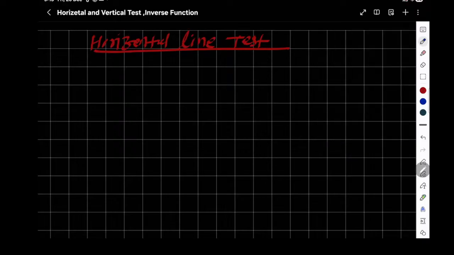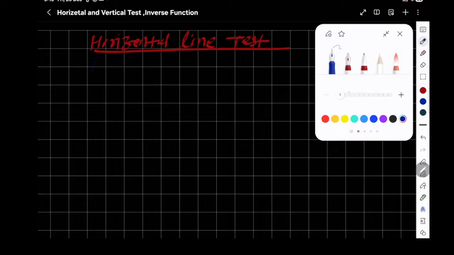First of all, we define what the horizontal line test is.